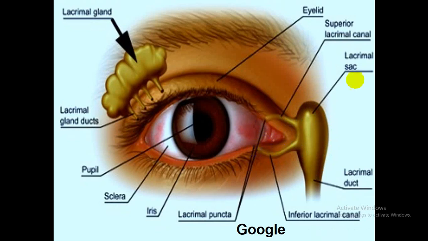It runs medially on the margin of the eyelid and opens in the lacrimal sac.